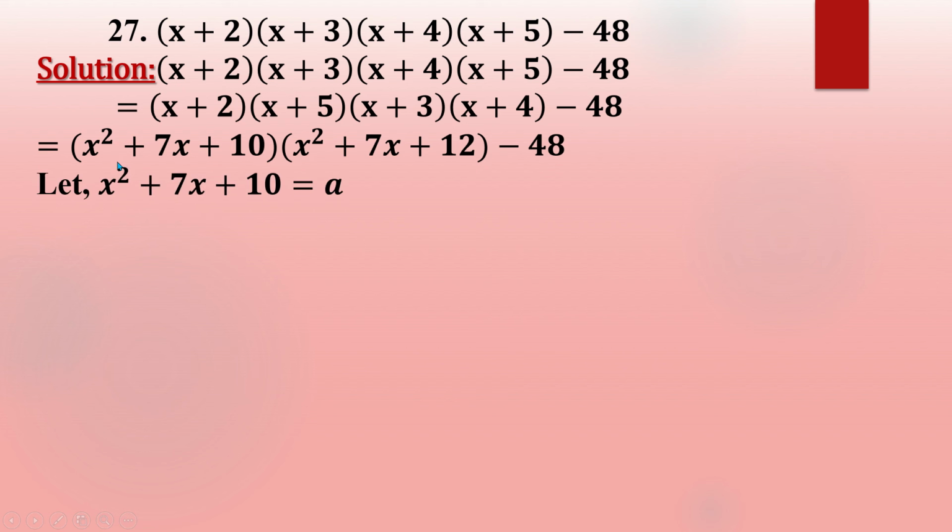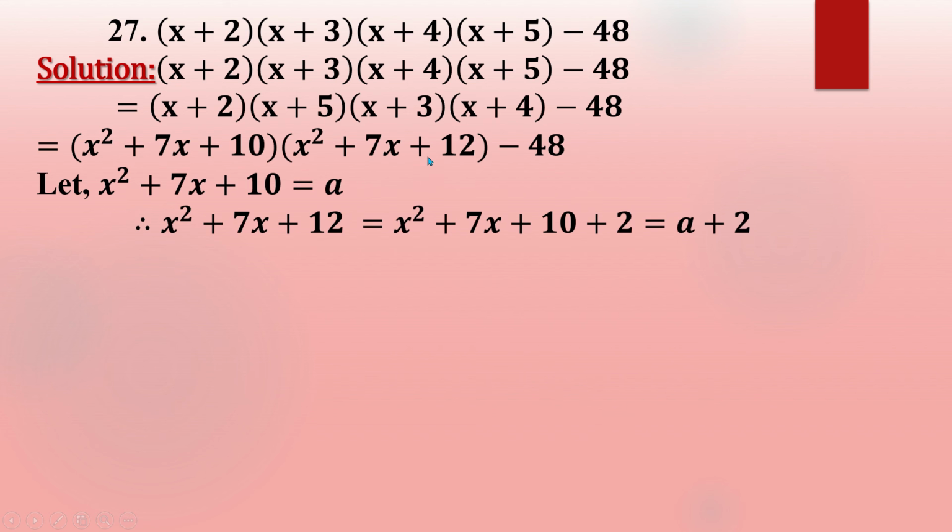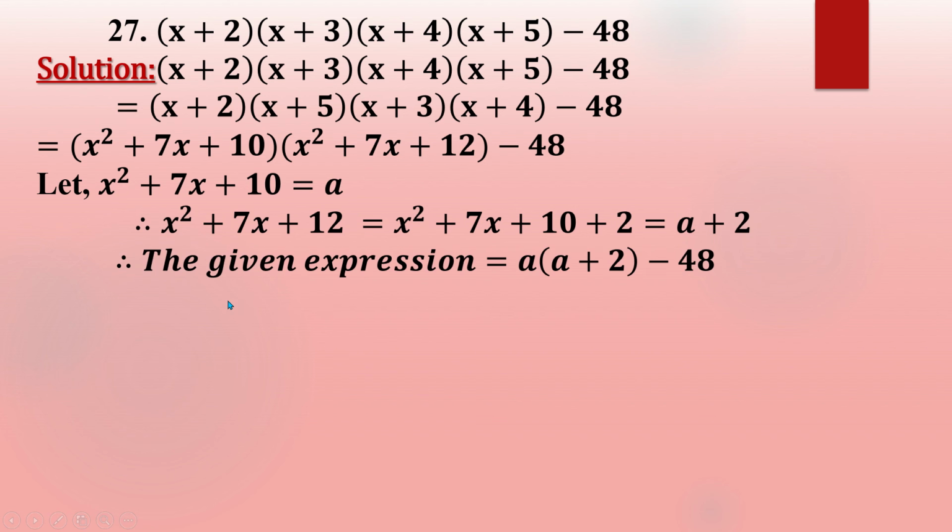Now let x square plus 7x plus 10 be equal to a. Therefore x square plus 7x plus 12 is equal to x square plus 7x plus 10 plus 2. That means this equals a plus 2. Okay. Therefore the given expression will be a, and this equals a plus 2 minus 48. Clear?